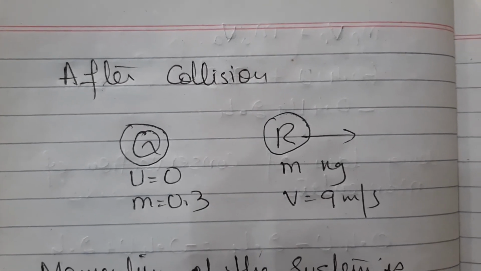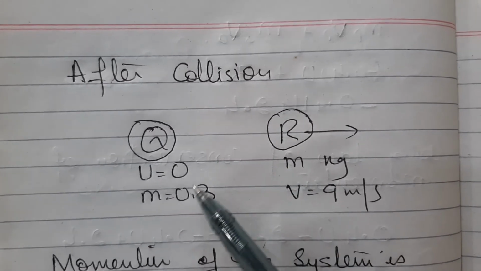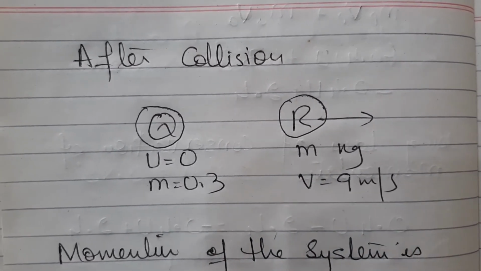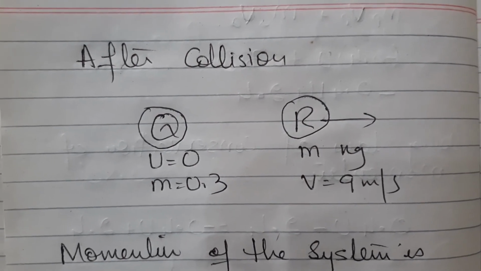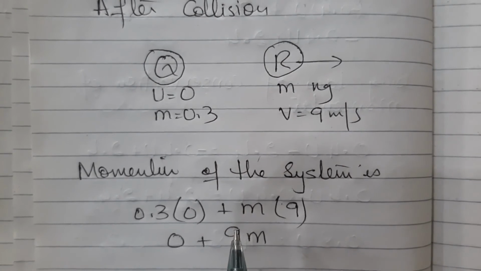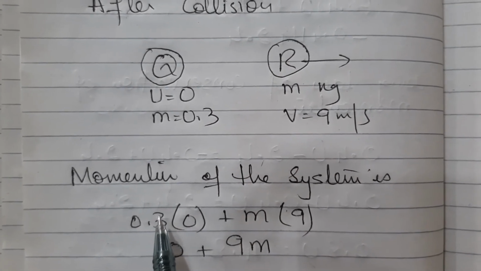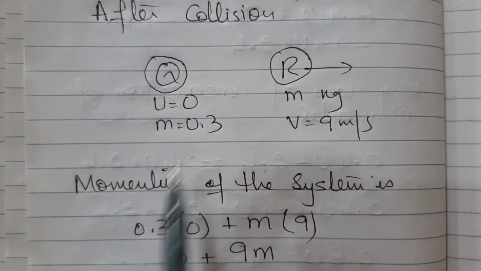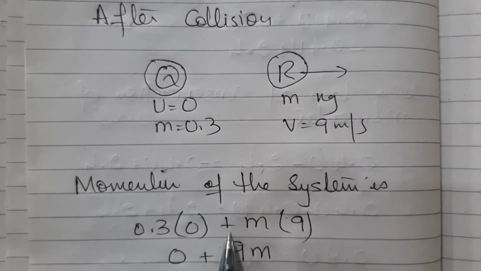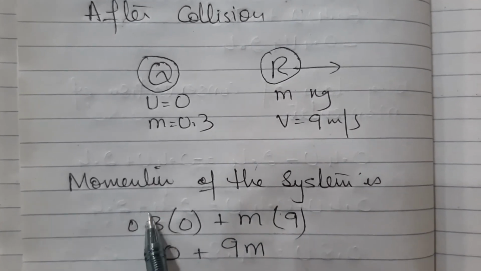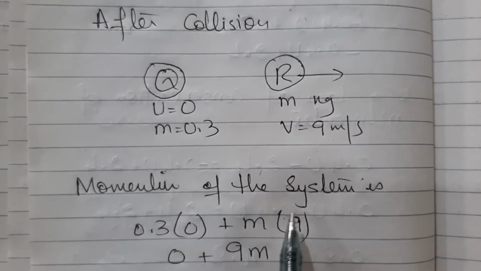Now it was given in the question that after collision Q comes to rest and R moves with velocity 9 meter per second. So we have to calculate M. So let's find out the momentum of the system after collision. For Q, mass into velocity. You can see from here I'm picking up mass and velocity, plus mass into velocity of R. So this is Q, this is R. Simple plug-in.